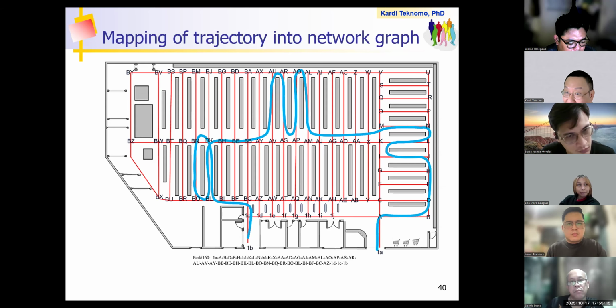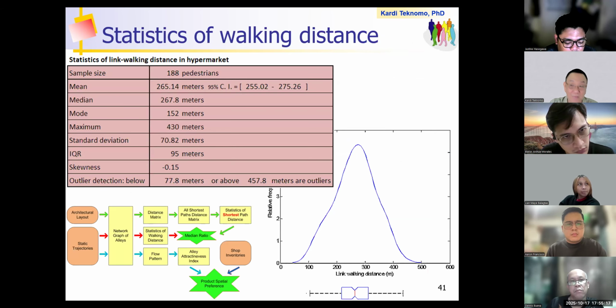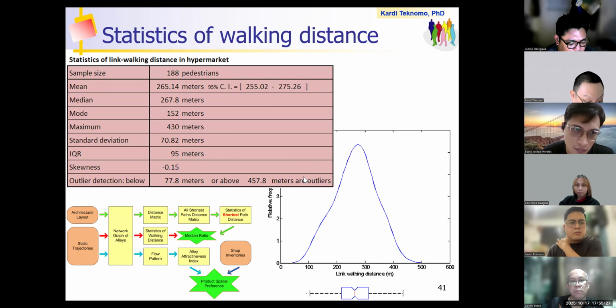Once you put it into the graph, you can calculate the real walking distance, and then you can compare. Oh, interesting. Even though it's just drawing, it is almost a normal distribution, which is correct, right? The walking distance is about normally distributed, and these are the statistics.